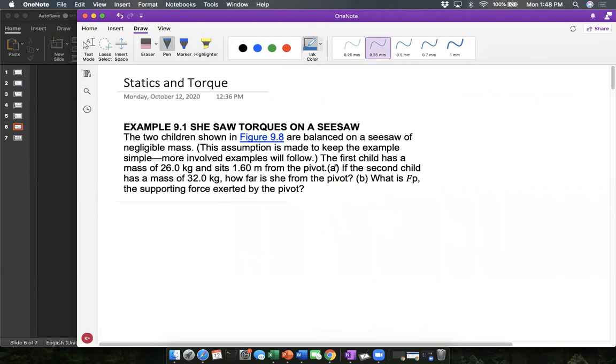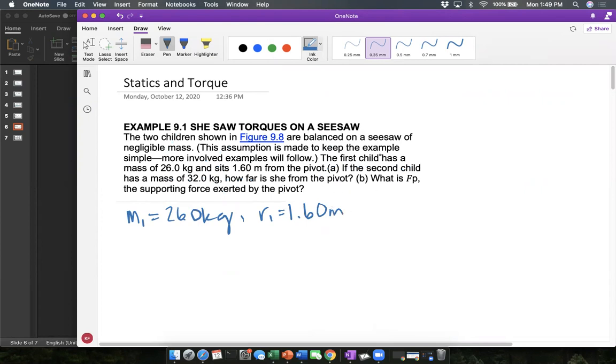The first child has a mass M1 equals 26 kilograms and sits at a distance R1, 1.60 meters from the pivot point.